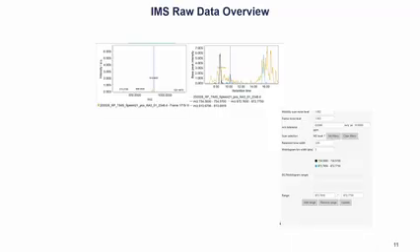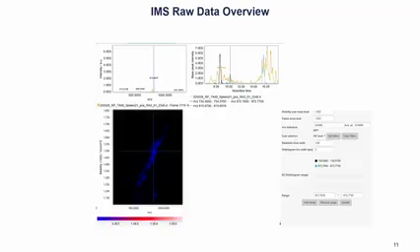And then in each time point in the chromatogram, you can show the frame. That means all the ions that were detected at that retention time, no matter what their mobility values are. And you can show that frame separated into the mobility dimension as the frame heat map.